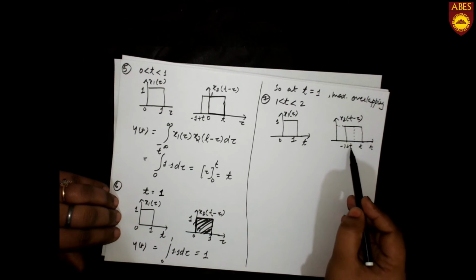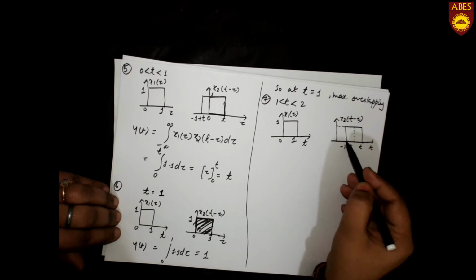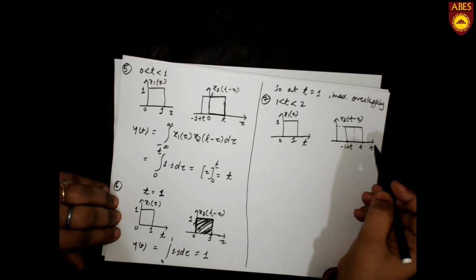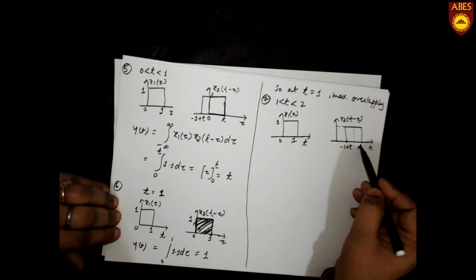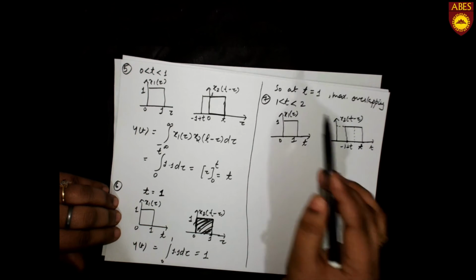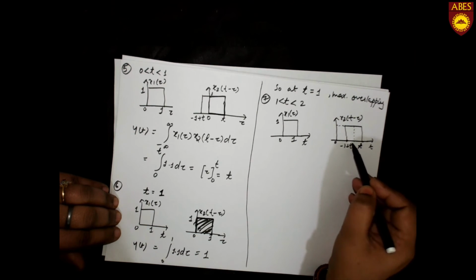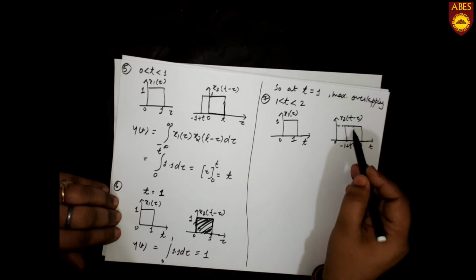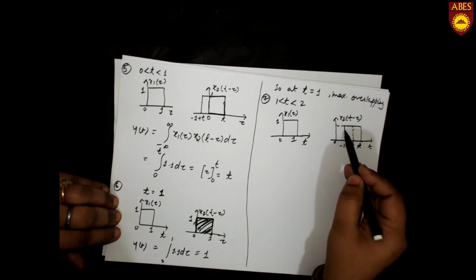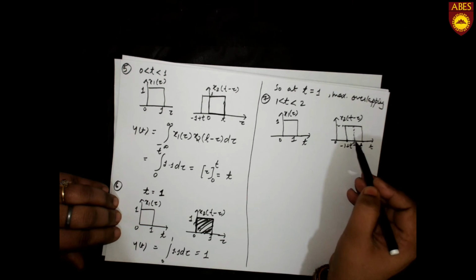Since t is greater than 1 and less than 2, the overlapped area would be from minus 1 plus t to 1.